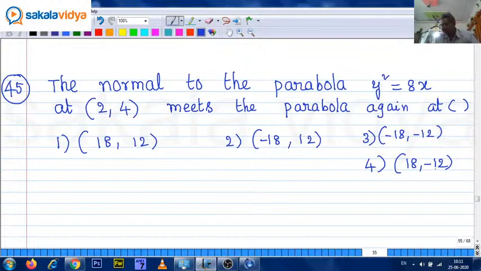The point needs to be evaluated here, right? Again it meets at which point? That we need to decide now.